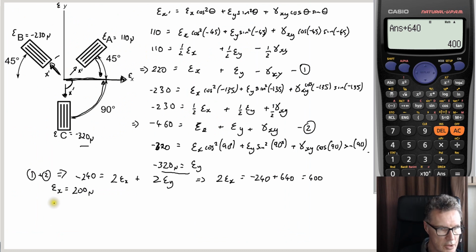So shear strain should be 1, take away 2.